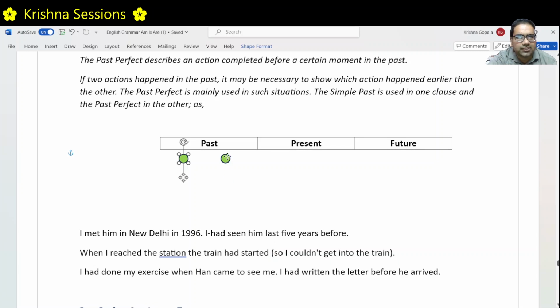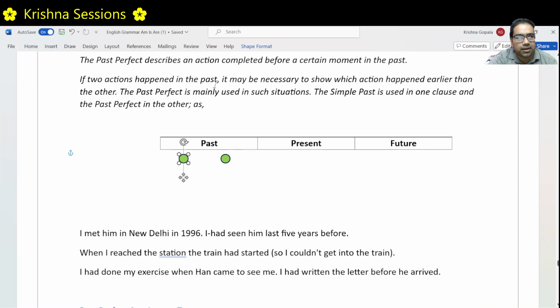So I reached the station is here. The train had started is here. So the train actually started before I reached. I had done my exercise when Hand came to see me. Hand came to see me is here, and I had done my exercise is actually here.